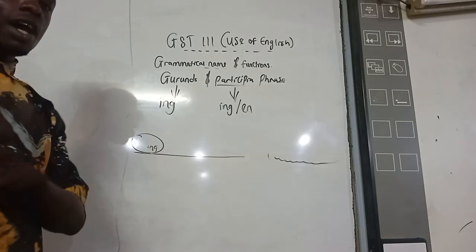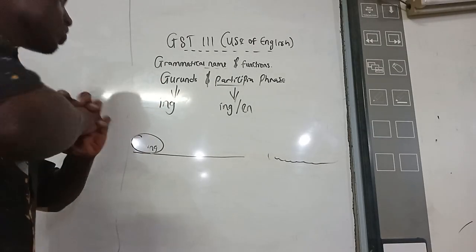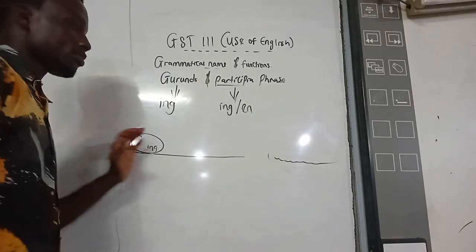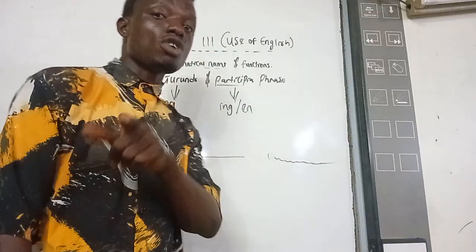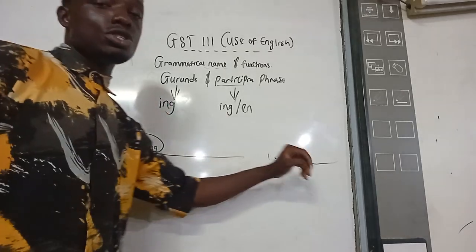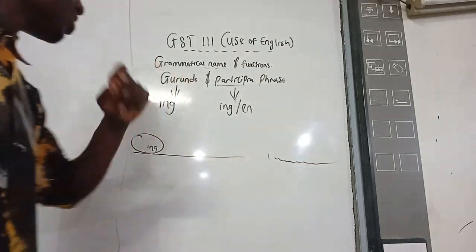Another thing to complete your clue is that if you remove the underlined aspect and the remaining part does not make sense, then it's a gerundive phrase.